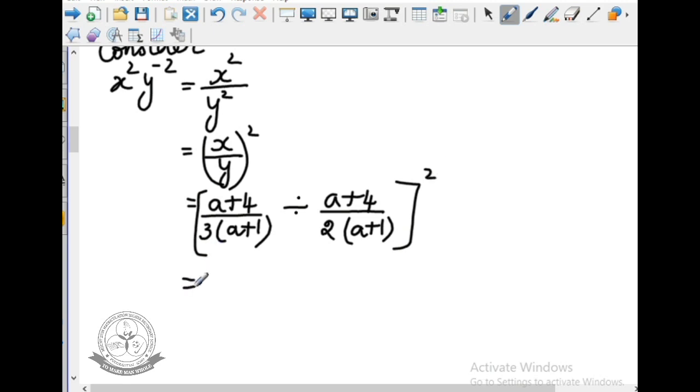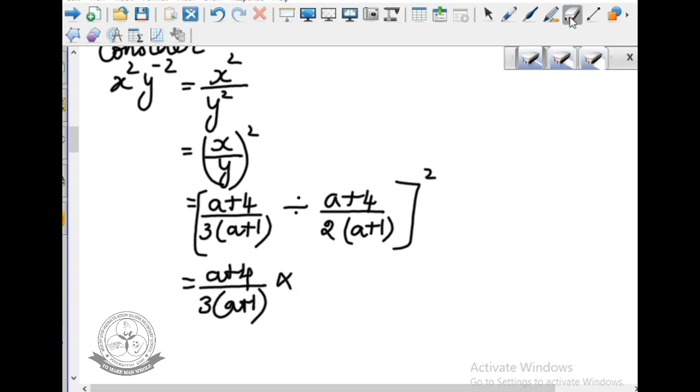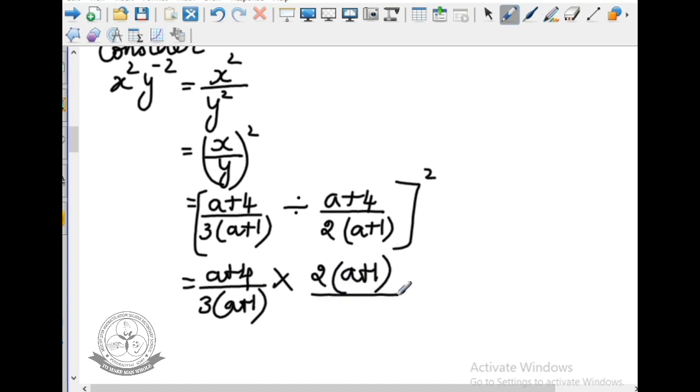So this can be written as a plus 4 by 3 into a plus 1, into, write the reciprocal, 2 into a plus 1 whole divided by a plus 4.